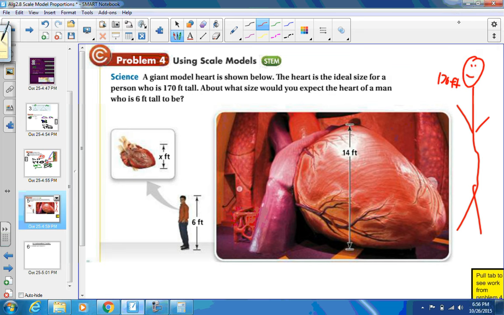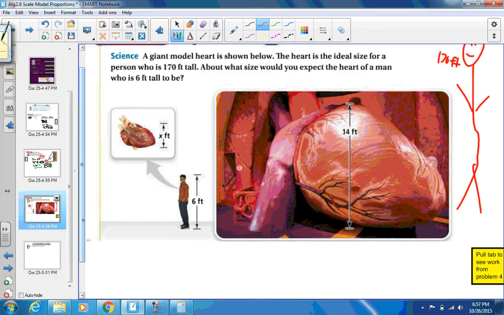So that 170-foot tall person has a heart that would be 14 feet tall. So it says, about what size would you expect the heart of a man to be 6 feet tall? Of a man who is 6 feet tall. So we have to compare here, to make our own proportion. So I'm going to have you figure that out. And what would the size of the heart be?